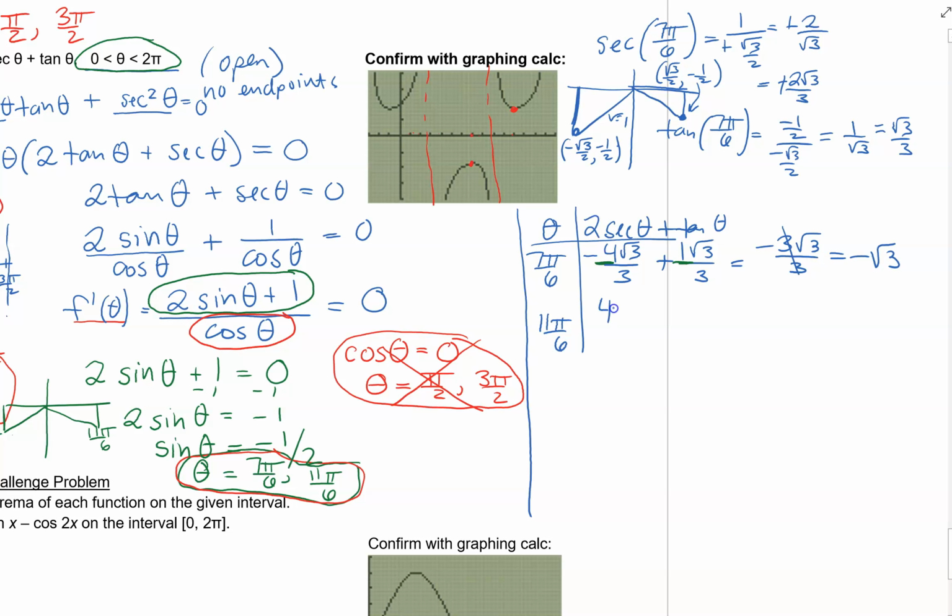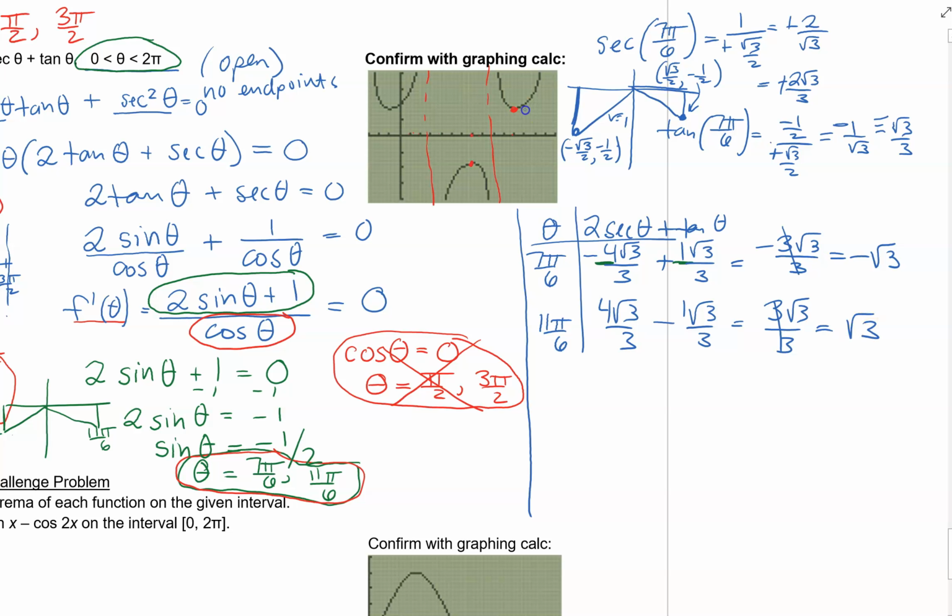So I get positive 4 rad 3 over 3. And then tangent becomes negative because now the x value is positive. So now it's negative 1/2 divided by positive rad 3 over 2. So it's negative rad 3 over 3. So now it's 4 minus 1, or positive 3 rad 3 over 3, which equals rad 3.